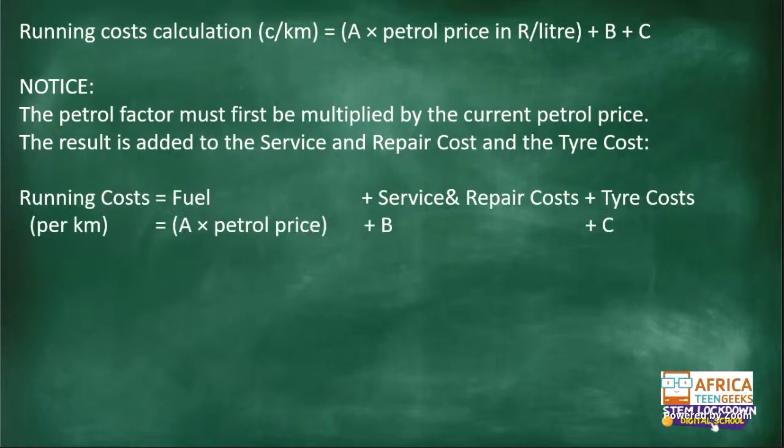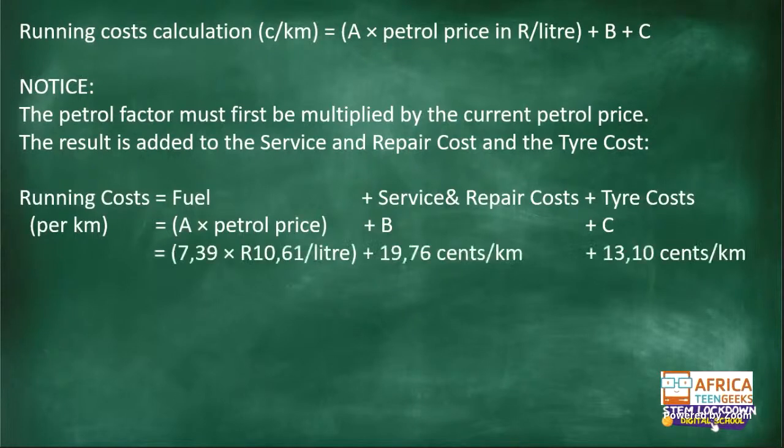So you can see that we're multiplying A by the petrol price. So you need to know what is the petrol price at a given moment. And of course, you multiply the petrol price, that is per liter. And then we see that at a time when we did this preparation, we worked out the petrol price as 10 rands and 61 cents per liter.